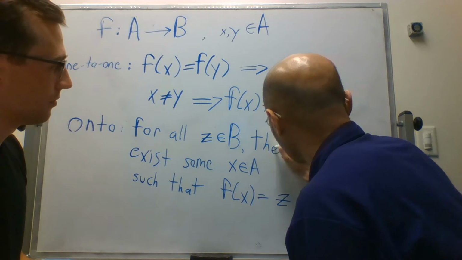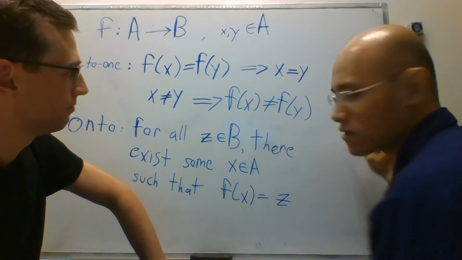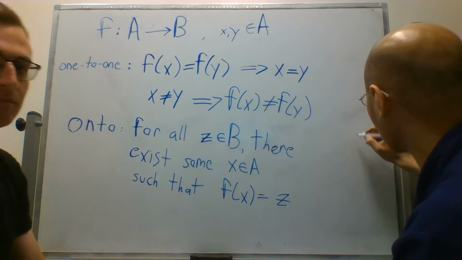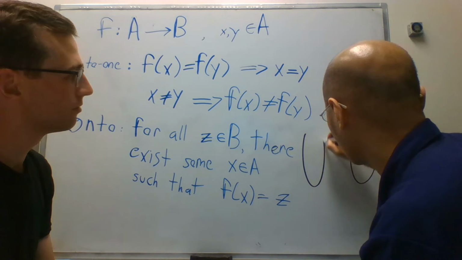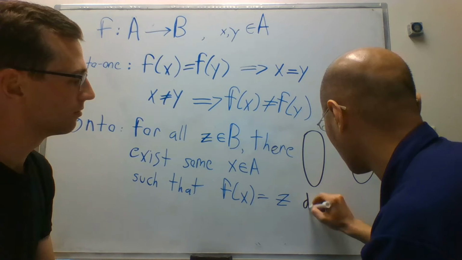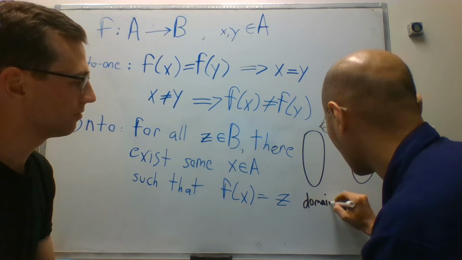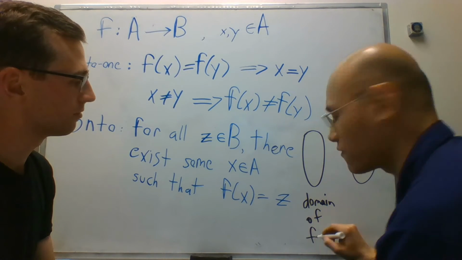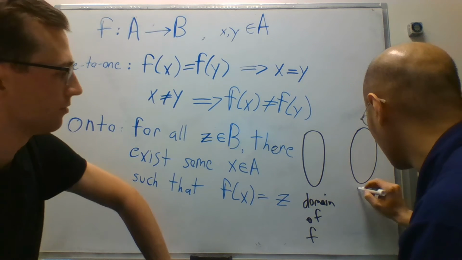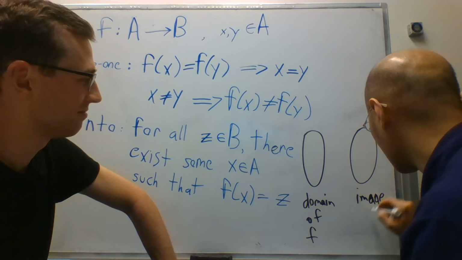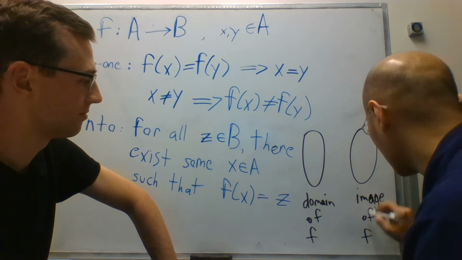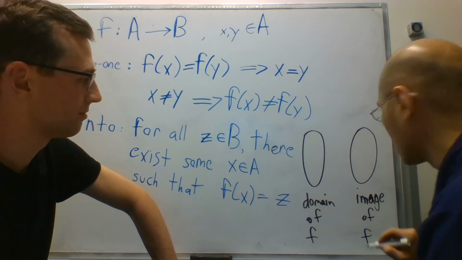Right. So let's see if I can draw a diagram to illustrate this. I hope that this is okay. So we have, okay, this is my domain. Domain of f. Okay, and here is my image. Image of f. Is that legible?